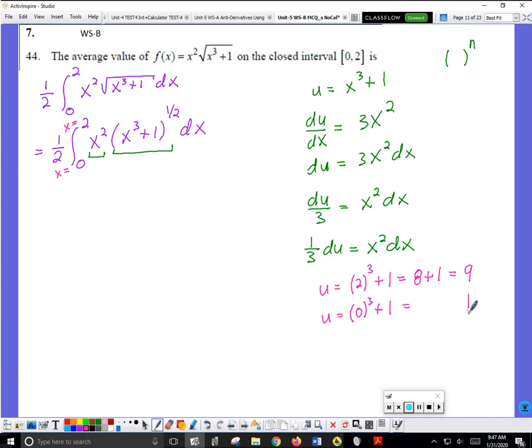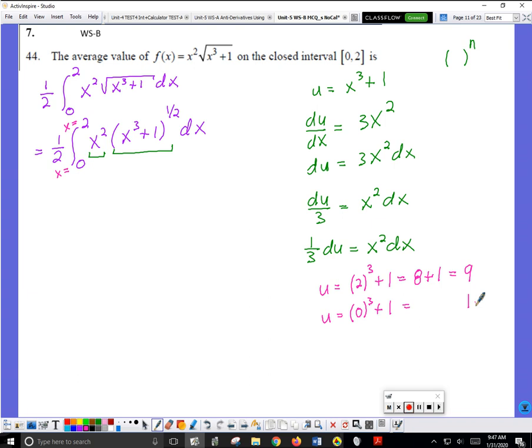So notice, this side of the page, this column, is where we solve the problem. This side is where we figure out what are all the different things that are going to be substituted. So we start substituting everything. We're going to put a 9 in place of the 2. We're going to put a 1 in place of the 0.